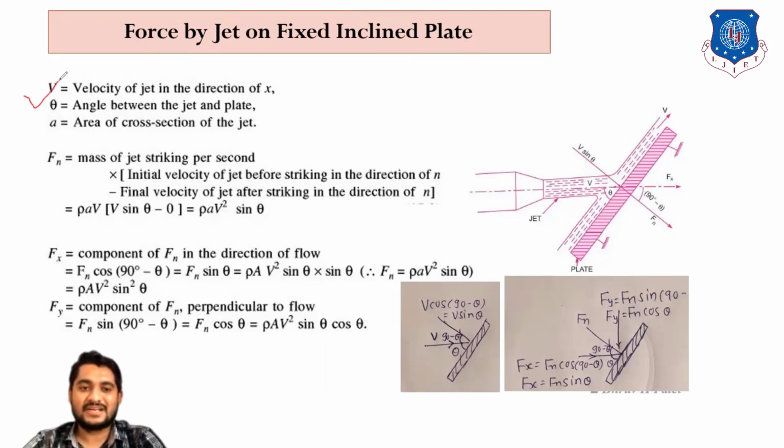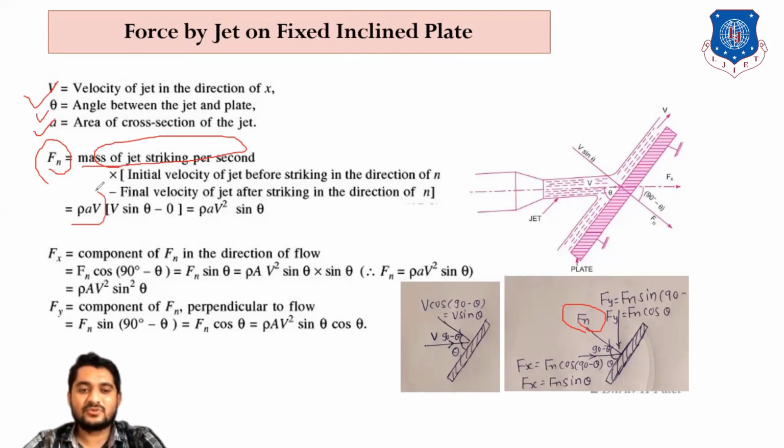So let us take notations here. V is obviously the jet velocity. Theta is the angle between jet and plate. Small a is the cross-sectional area of the jet. Let us find the normal force first. Then after we can find its components Fx and Fy. So the normal force is mass flow rate into change in velocity in that particular direction.